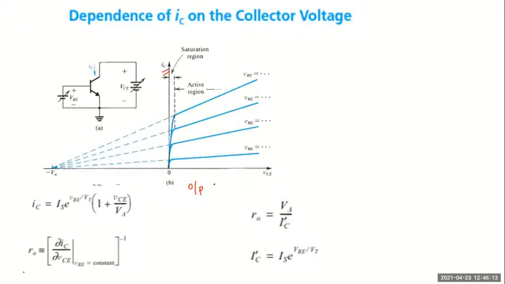This output characteristics of the BJT is very important, and we have taken BJT in common emitter configuration. I told you this is the one which is mostly used in all amplifiers. So we have taken the common emitter transistor characteristics. You don't worry about this VA and going back. You just concentrate on the positive part.